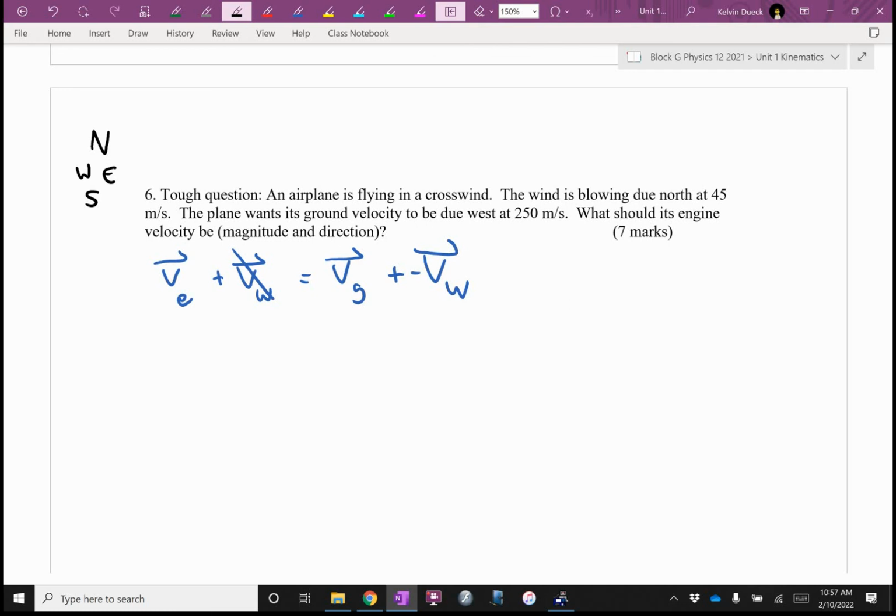V ground due west at 250. V wind north at 45. So what's negative V wind? South at 45. 45 is roughly 1/5 of 250, so I'll eyeball it.